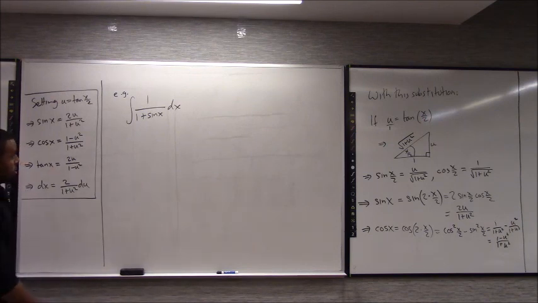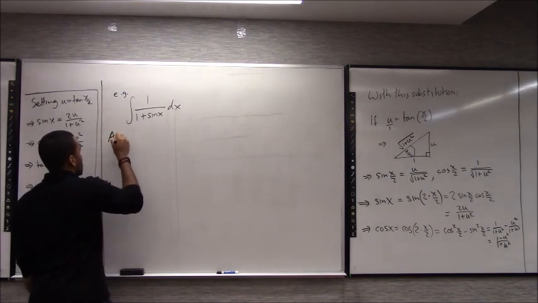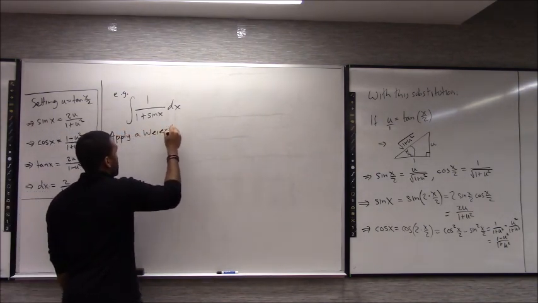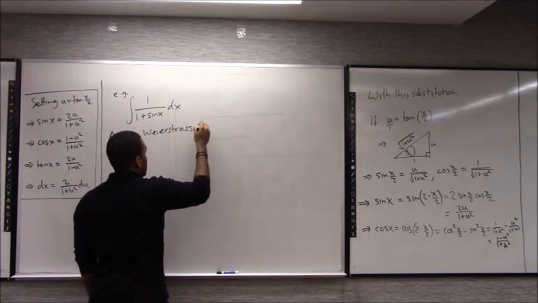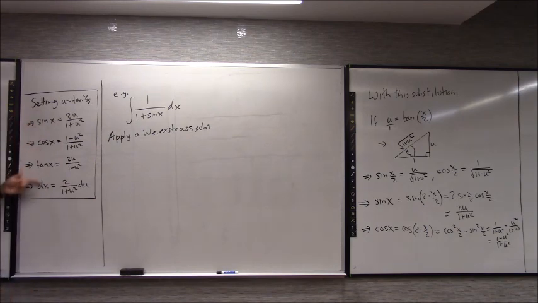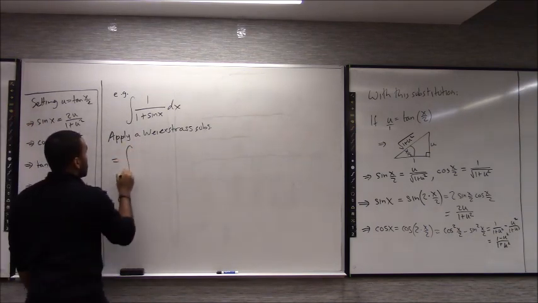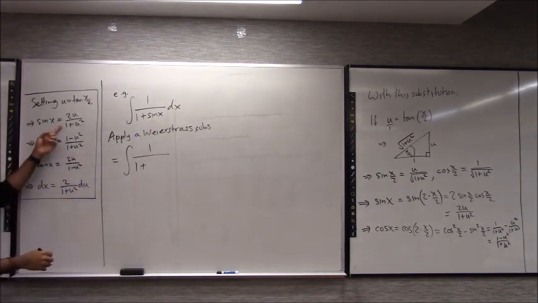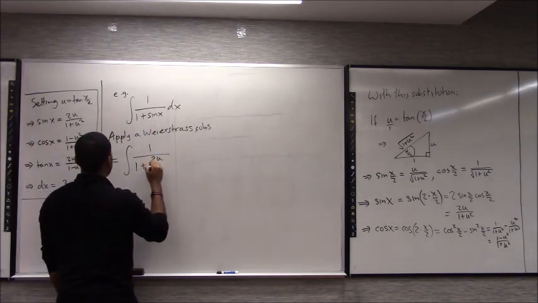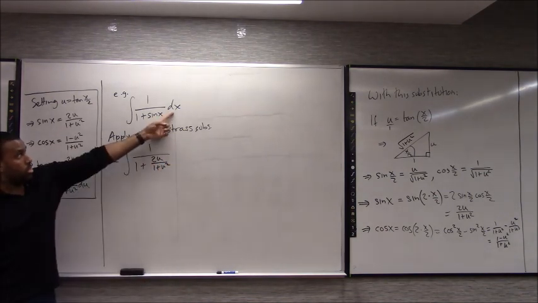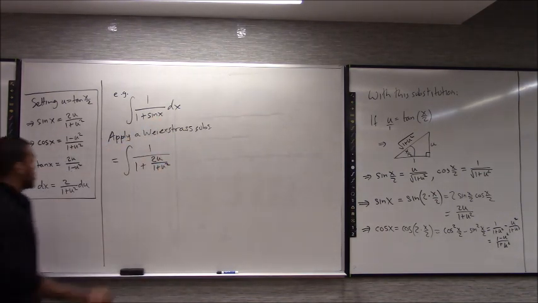Here's something you can do. Apply our Weierstrass substitution. This automatically means that these guys take effect, which means everywhere I see a sine function, sine x, I can replace it with this. And where I see the dx, I can replace it with this.